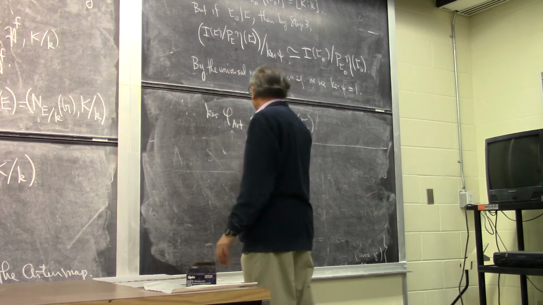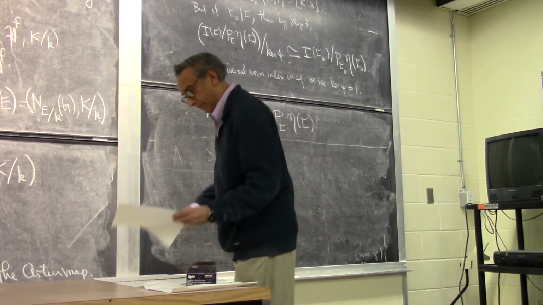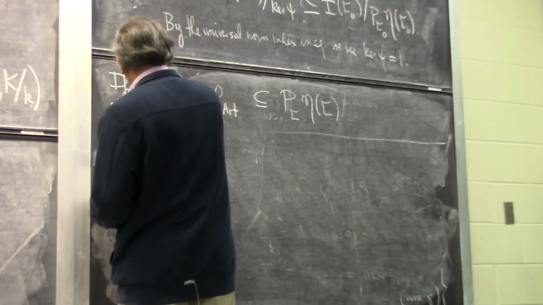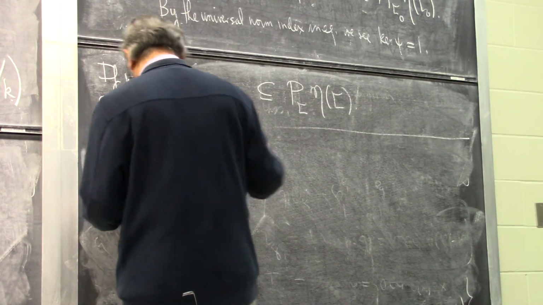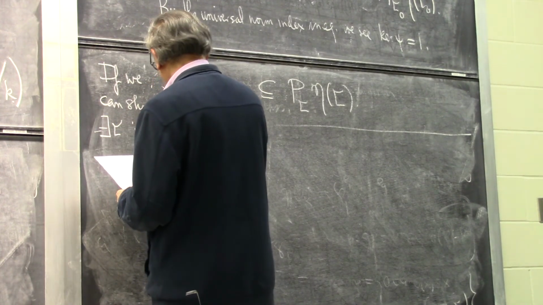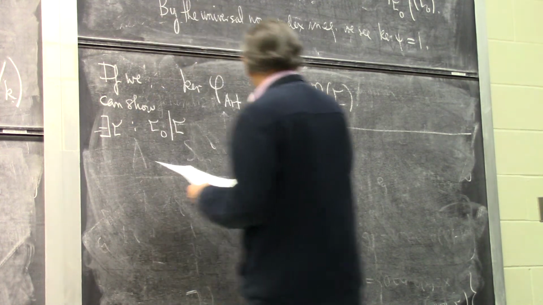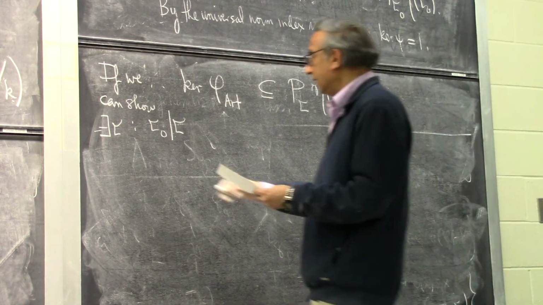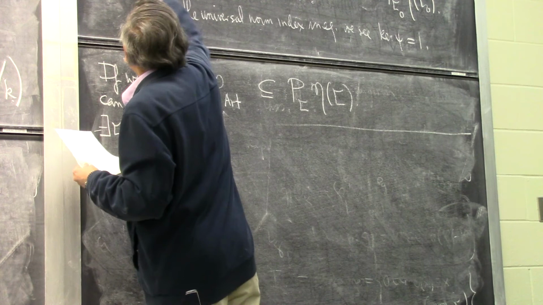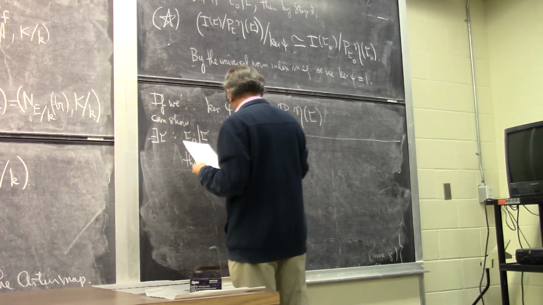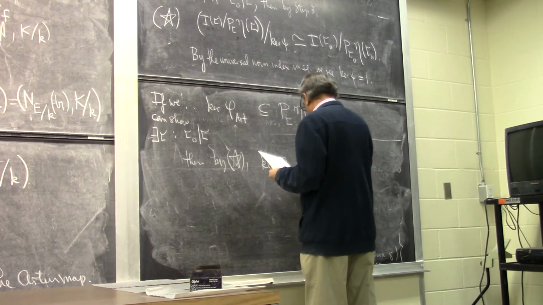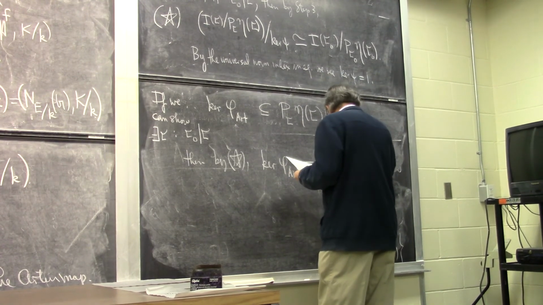So if we can show that there exists a C such that C naught divides C, and this happens, then by our observation here, the kernel of the Artin map actually has to equal P_C.